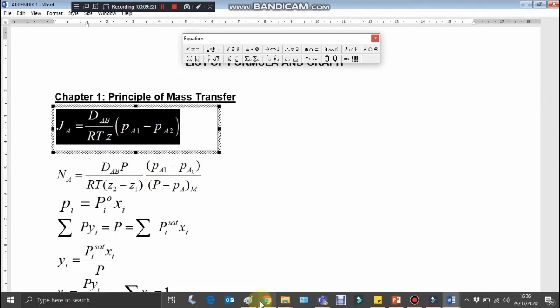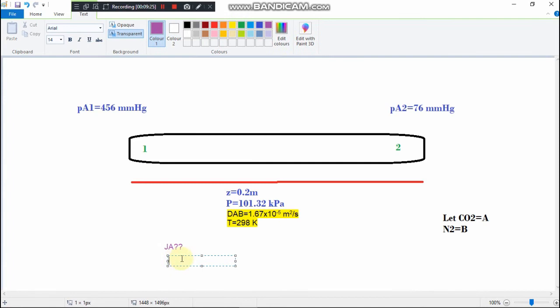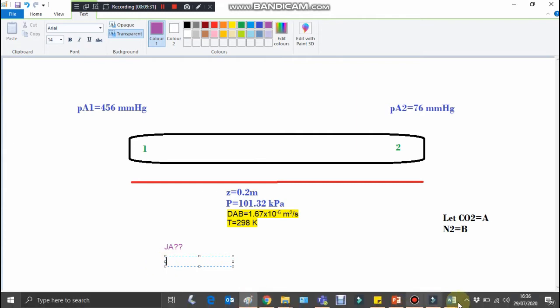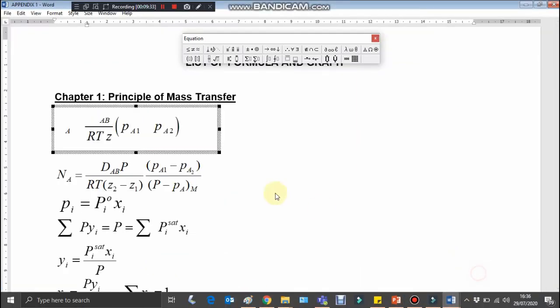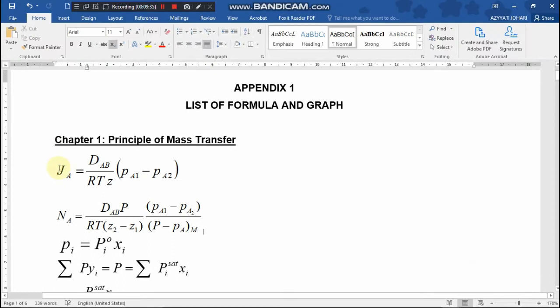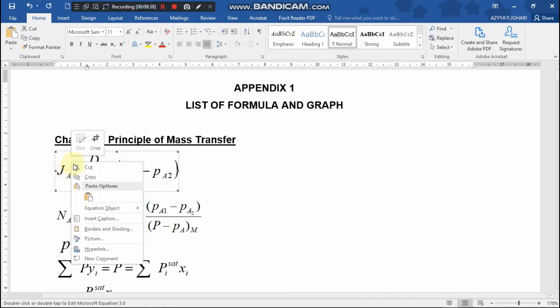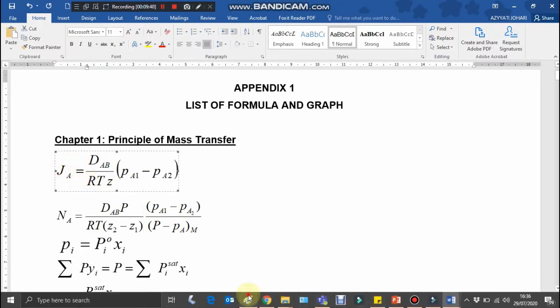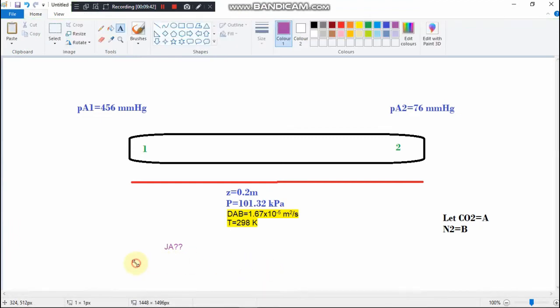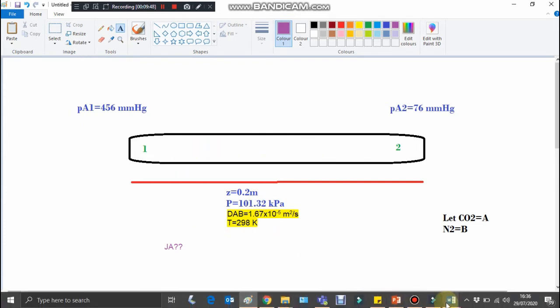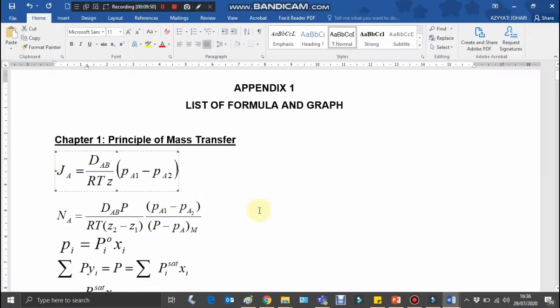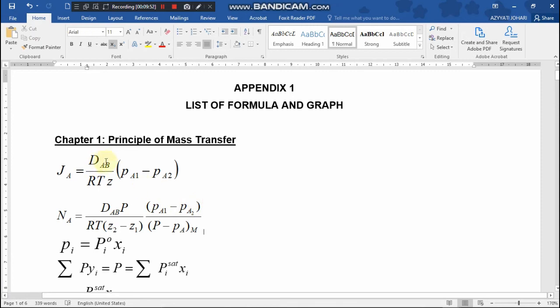Basically you need to use this equation, and then you just need to substitute all of the information that the question already gives you into this equation.